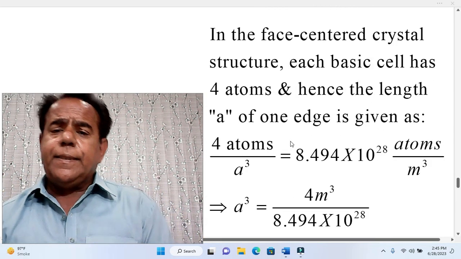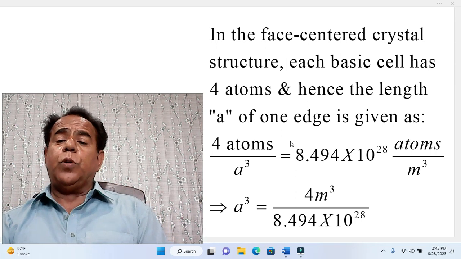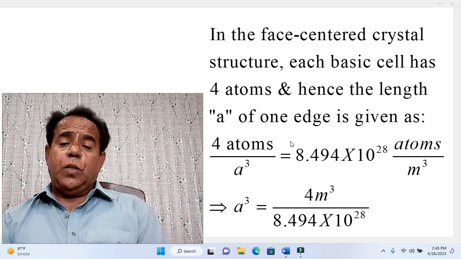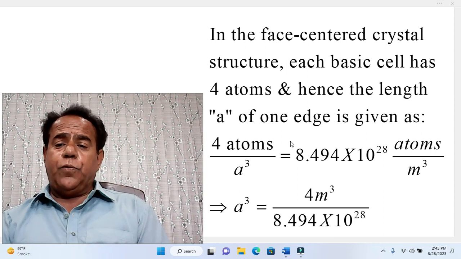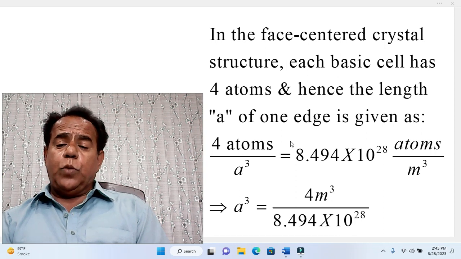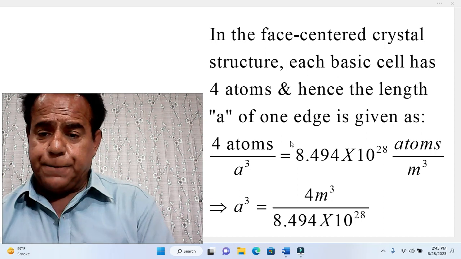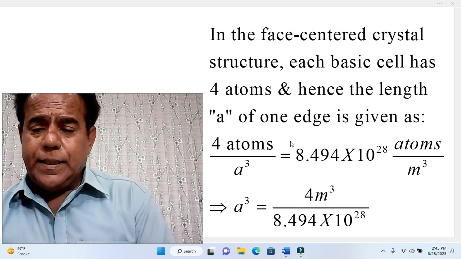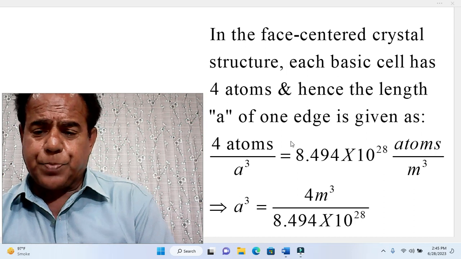In the face centered crystal structure, each basic cell has 4 atoms, and hence the length a of one edge is given by 4 atoms over a cubed equals 8.494 times 10 to the power 28 atoms per meter cube. Just the same process as in the previous problem.